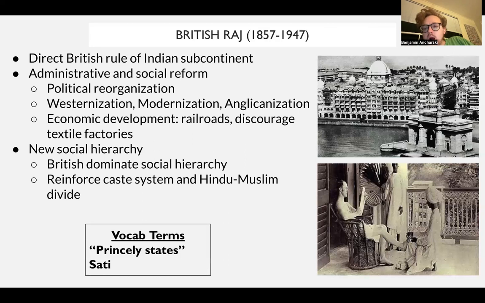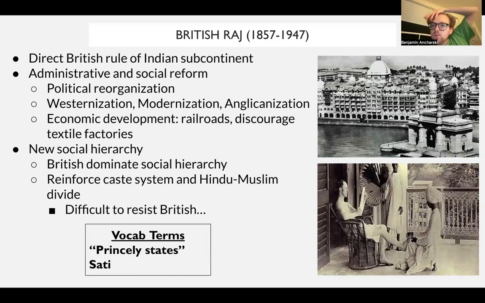The reason why they are encouraging these ethnic divisions, preferring upper caste Hindus over other people, is a reaction to the Sepoy Rebellion in many ways. In creating these social hierarchies, these points of division within society, it does refocus a lot of people's anger away from the British.